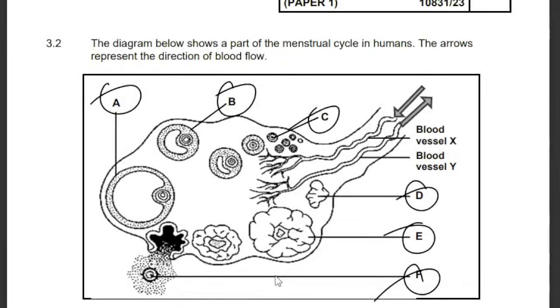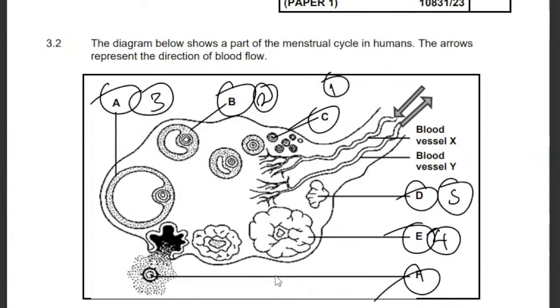You start with 1, go to 2, 3, 4, and then 5. So it is C, B, A, E, and then D. You understand? Not DE, but ED.